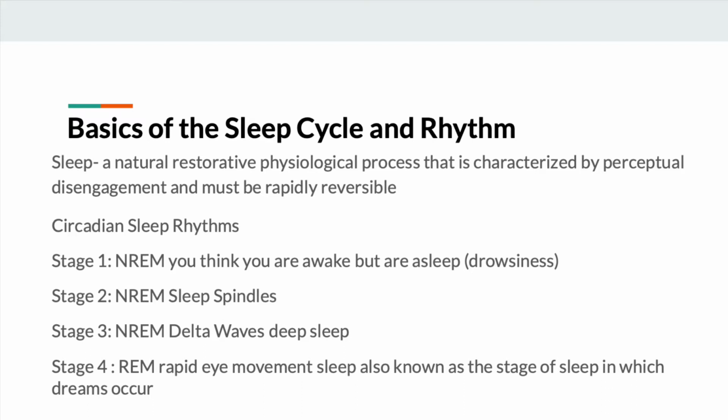And in this stage, our body temperature lowers and our heart rate becomes a bit steadier. Stage 3 is also non-REM, and it is characterized by deep sleep and delta waves. And stage 4 of our sleep is REM, or rapid eye movement sleep, and this is a stage in which we are capable of dreaming.